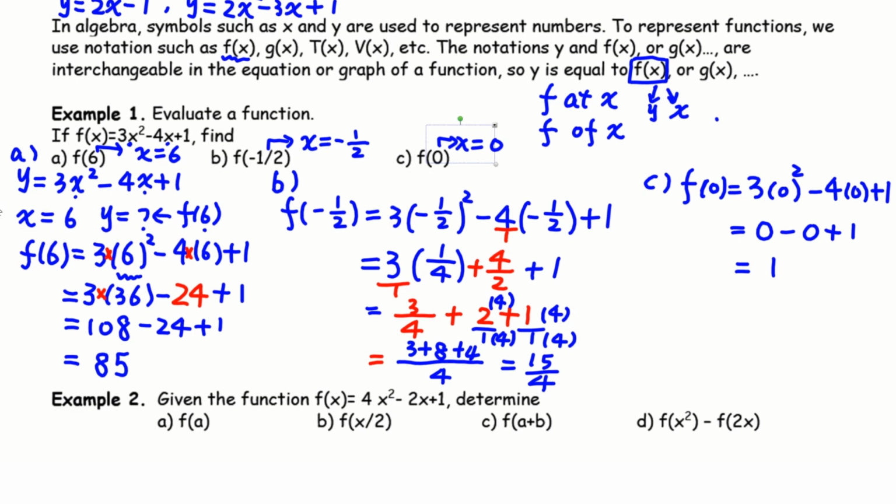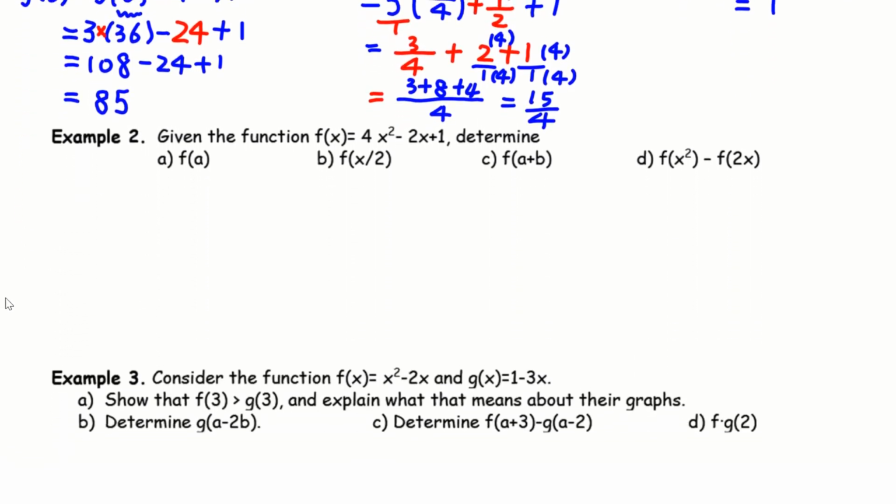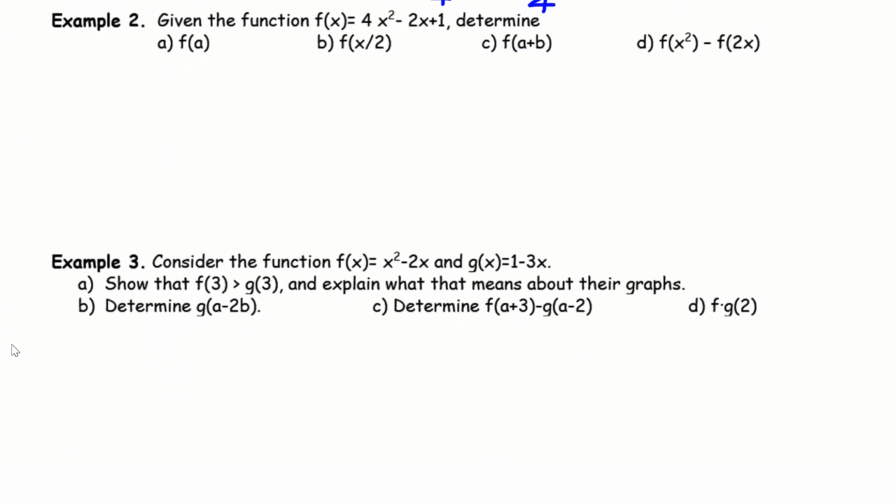Then we are going to continue to practice on evaluation. So sometimes it's not a number. So this one, f at a means you sub in x equals a to the given function notation. So all the x values, we change them to a.